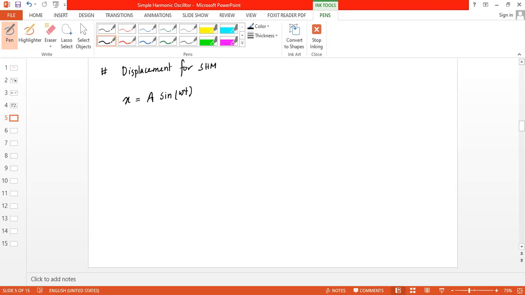So you need to দেখি how the displacement x varies with time. If I want to plot a graph like this, here is my x, here is my time, so it should be like this.